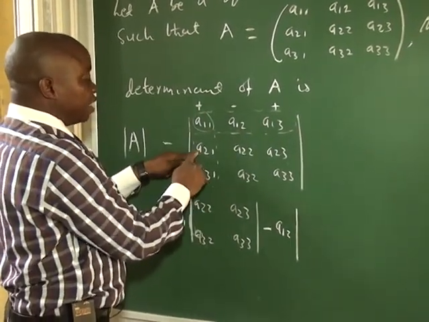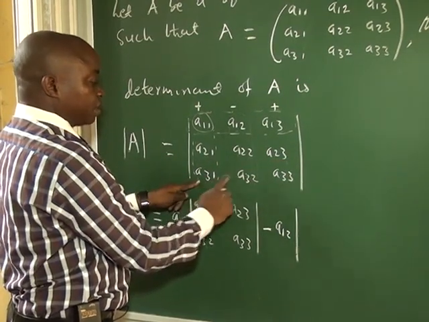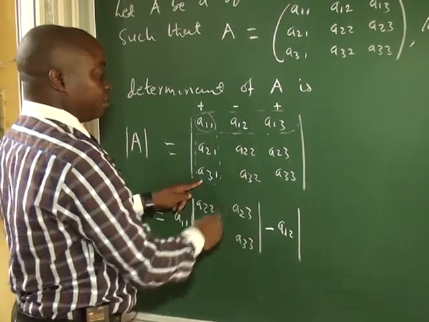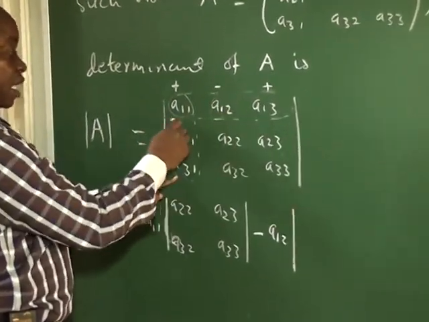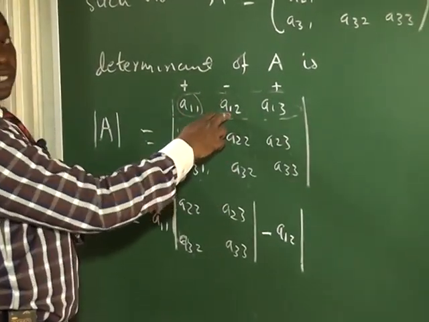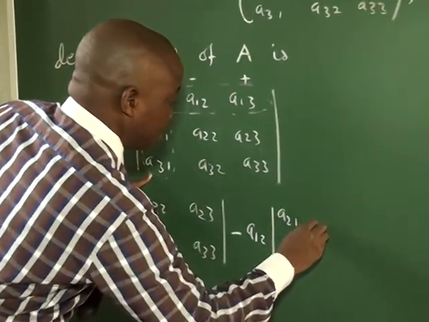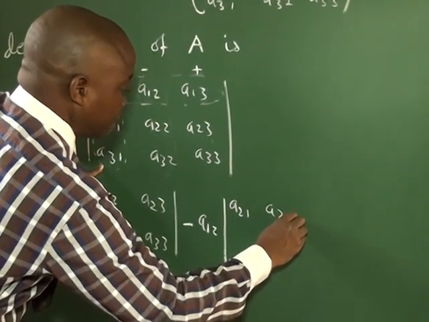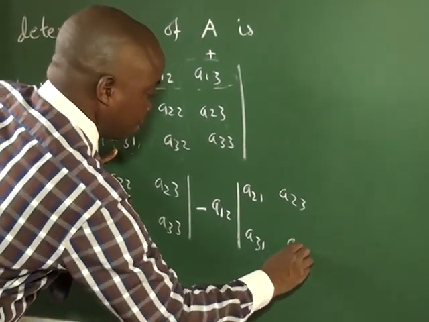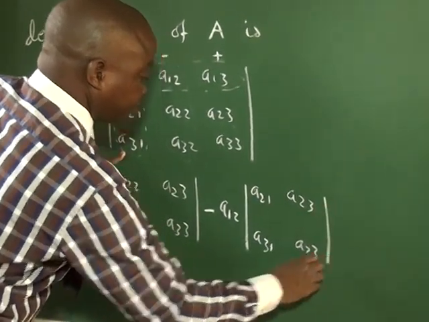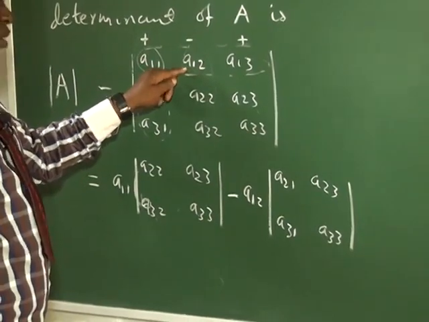Now what remains is A21, A23, A31, A33. That is, if you pick these elements, ignore the elements in the column and row that contain them. So this remaining one, A21, A23, A31, and then A33 is called the minor of that element.